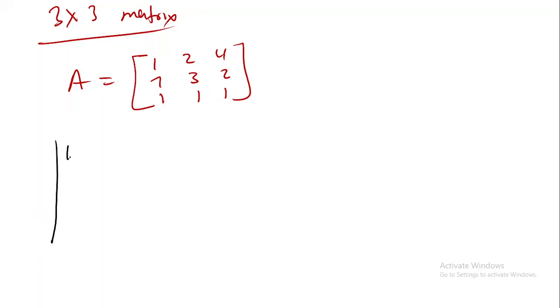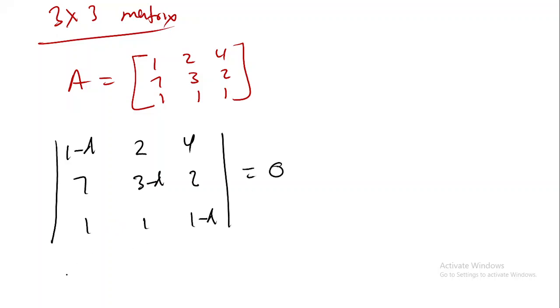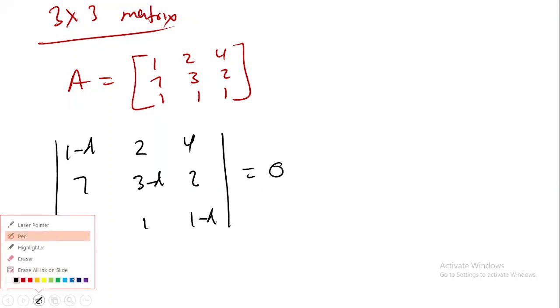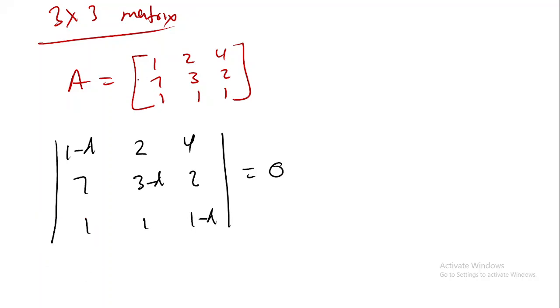Your absolute 1 minus lambda, 2, 4; 7, 3 minus lambda, 2; 1, 1, 1 minus lambda, which is equals to 0. If you pay attention to this problem which I'm solving now, you can see that we subtract lambda from all your diagonals.